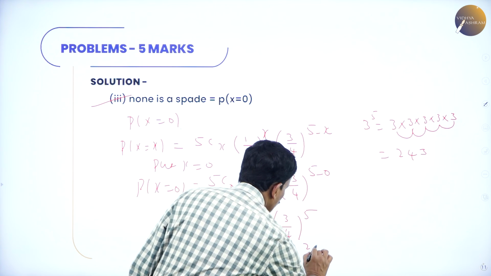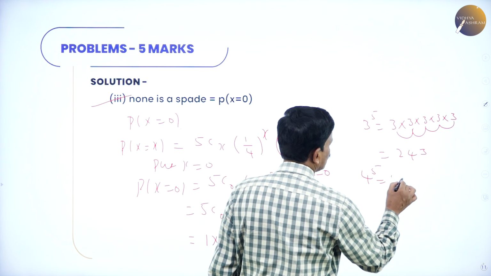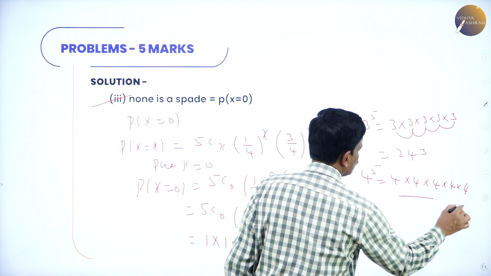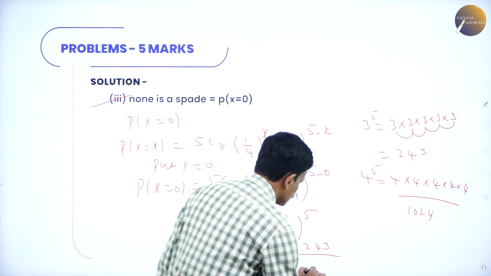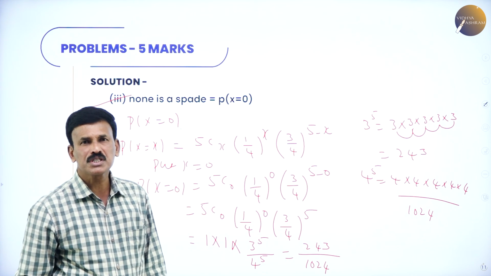If you multiply 4 five times, 4 into 4 into 4 into 4 into 4, you will get 1024. So this is 243 divided by 1024.